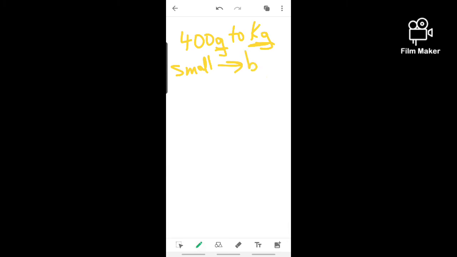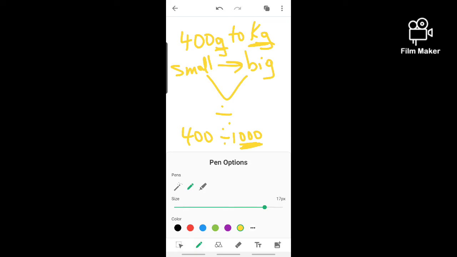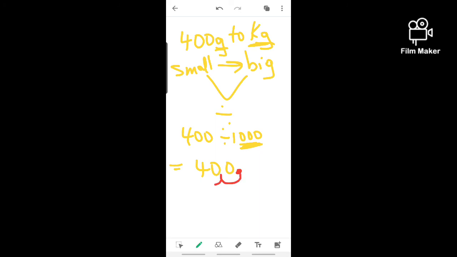So if we have a small unit to a big unit, we're going to divide. So all we're going to do is divide that by 1,000. We're simply going to identify our decimal point, which comes right after the number itself. And we're going to say 1 place to the left, another place to the left, and then another place to the left. So that's 3 places to the left, which leaves us with 0.400, which is actually just the same as 0.4. So therefore, that is our answer.